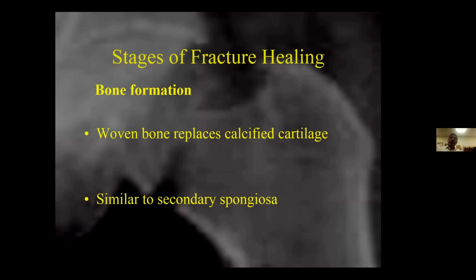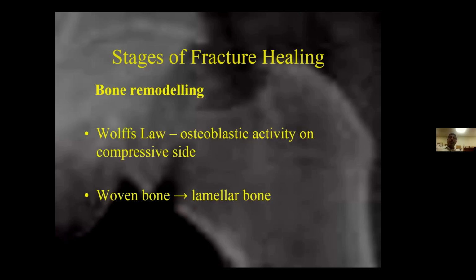And once we have bone formation, we move on to bone remodeling. And for that, again, say, I do know, according to Wolff's law, the maximum osteoblastic, which is bone forming activity, will happen on the compressive side, and the woven bone will ultimately form lamellar bone. Okay, so once again, 1 or 2 lines, but the correct terminology.